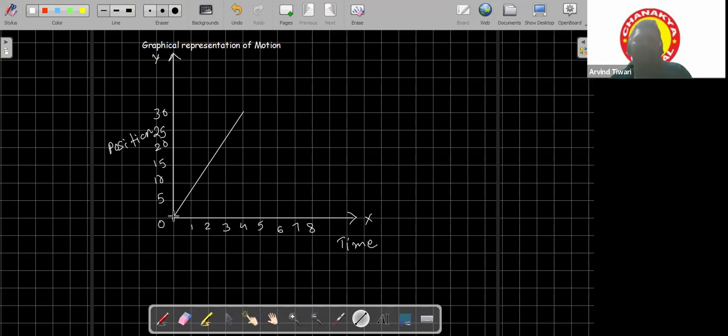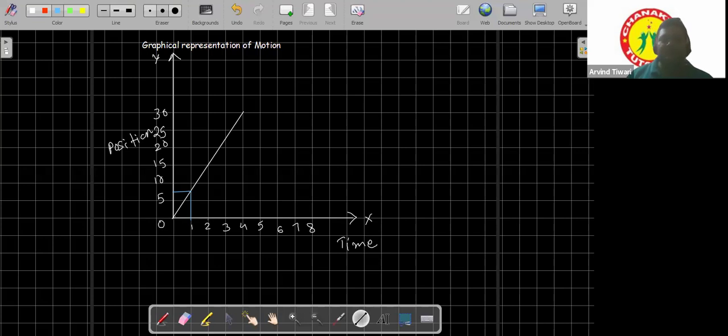See, if you are not able to observe this, you can see it's a straight line. If I want to find out the displacement covered during this 1 second, from 1 I make a perpendicular, and wherever it cuts the graph, from that point I drop a perpendicular on the y-axis.